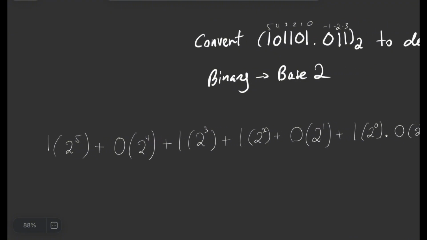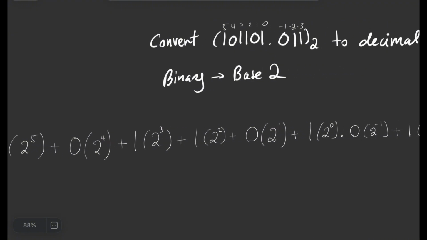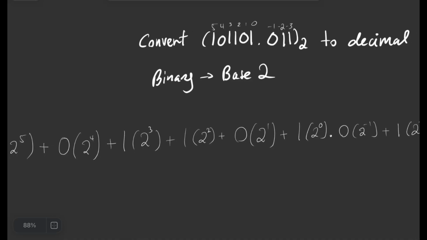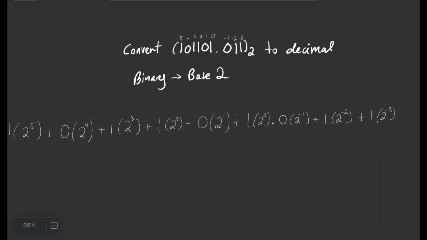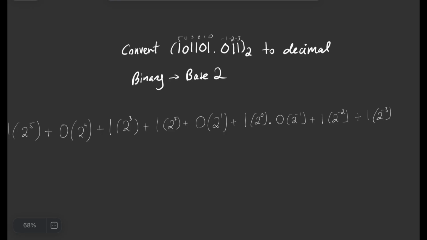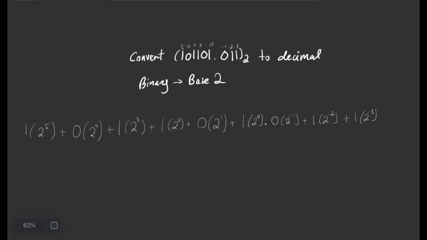So 1, 0, 1, 1, 0, 1.011. Great. Now, luckily for us, all of the 0 values can just be canceled out because of the multiplication. Anything times 0 is 0. So that makes our life easier.